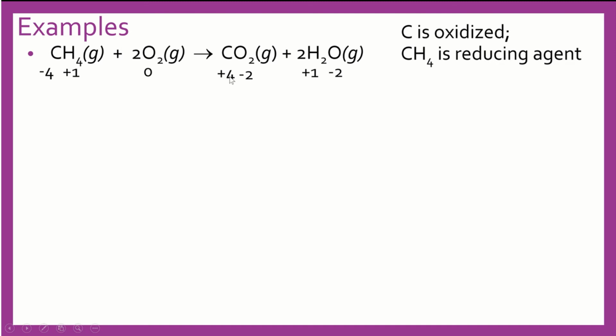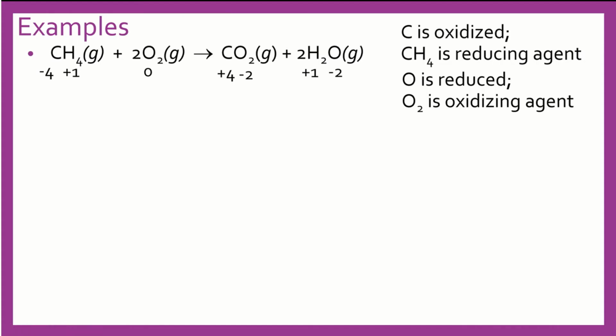He lost 8 electrons. So he was definitely oxidized. Now we don't break it up. Carbon, the atom, got broken up and was oxidized, but the reducing agent we keep together as the molecule. So CH4, methane gas, was the reducing agent.